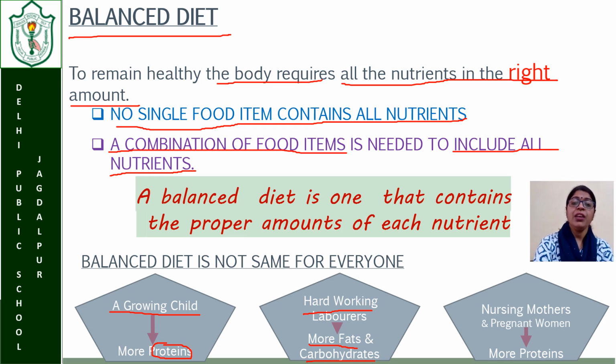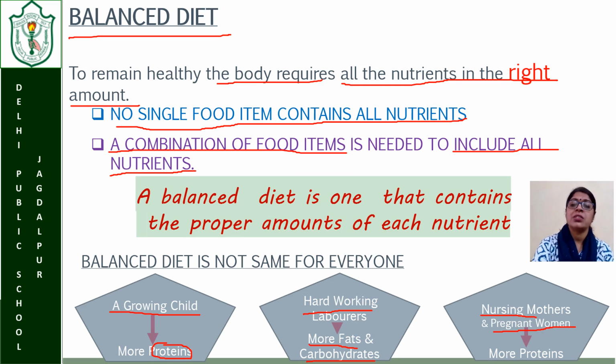Similarly, nursing mothers, the mothers who have just given birth to a newborn child, are feeding that child with their milk. This is called a nursing mother. And the pregnant woman, the woman who is carrying the baby in her tummy, or who is going to give birth to a child, also needs more proteins. Why?